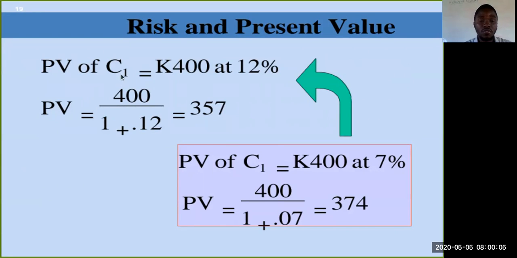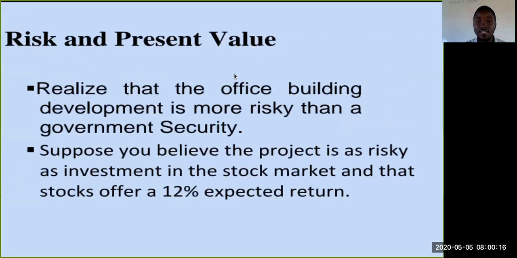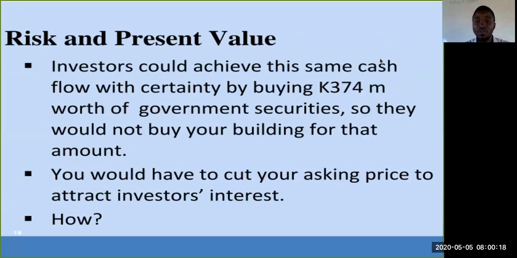Present value of cash flow in year one was 400 at 12%. So earlier we saw that at 7%, the cash flow of 400 million gave us 374.